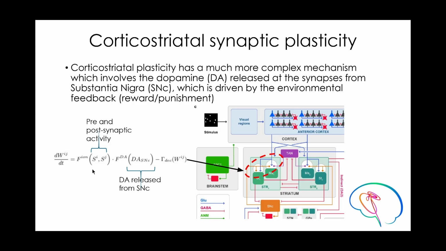But now this Hebbian component is modulated by the DA, the dopamine released in the substantia nigra. So essentially here we have a third region, this SNC, working as a modulator in the connections between cortex and striatum. And there is also a third term which depends on the current values of these weights.